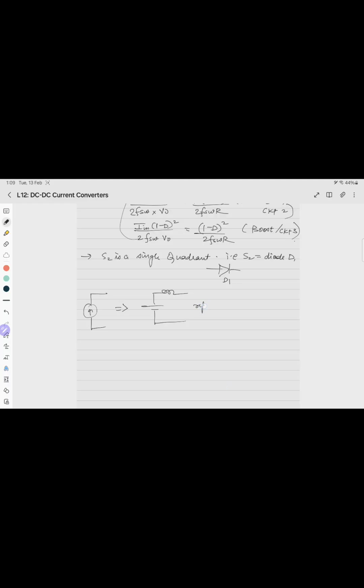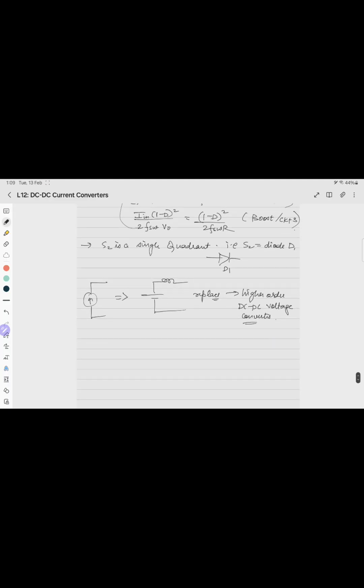This we have to replace, and then we'll get higher order DC-DC voltage converters with different topologies.